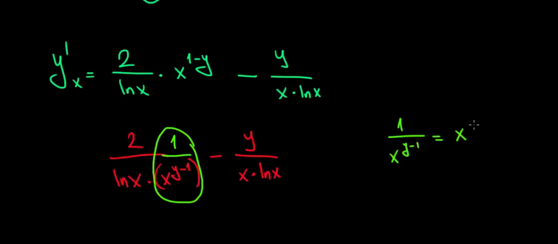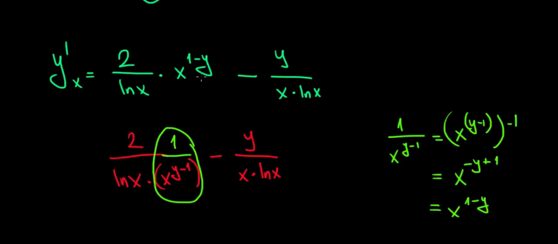Remember the power rule when we can multiply with the inverse. That's x to the power of y minus 1 to the power minus 1. And if we open the brackets, that would be x to the power of y minus 1 times minus 1. That's equal to y times minus 1. That's minus y. Minus 1 times minus 1 is plus 1. So that's the same as x to the power of 1 minus y. Where? From here. So it's the same thing, except that they wrote it in a different way. Anyway, hope this helps, hope it makes sense.